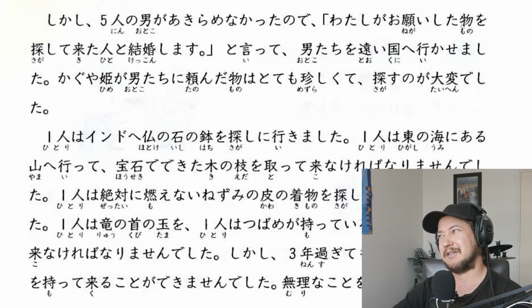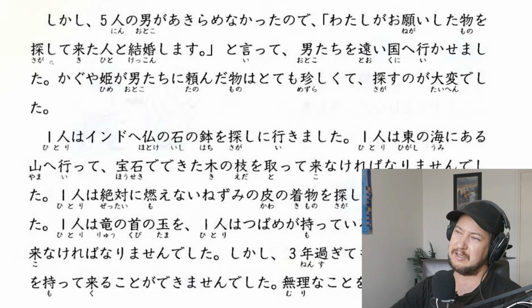Maybe I'll translate it in the dictionary in a sec, but basically を探して, so 探して is to search, to look for, and then 来た人, so 来た is to come, and 人 means person.